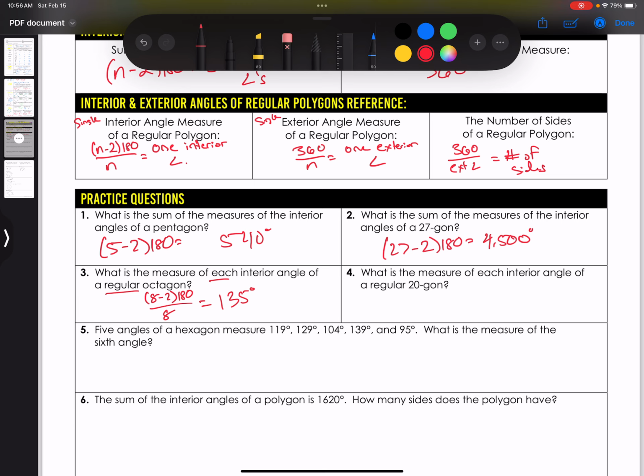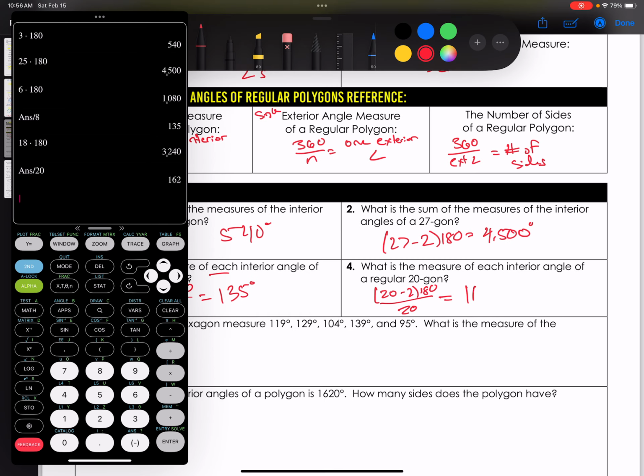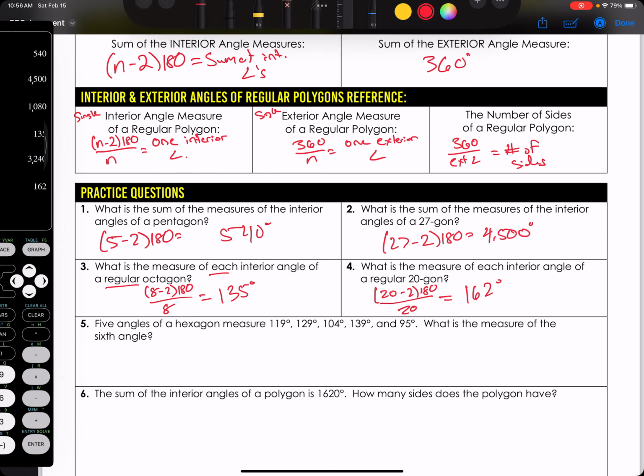Okay, next up, what is the measure of each interior angle of a regular 20-gon? So n is 20, so 20 minus 2 times 180 divided by our 20 sides. We get 18 times 180 divided by 20, which gives us 162 degrees.